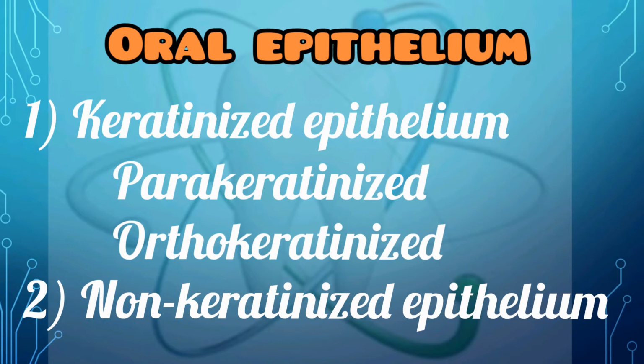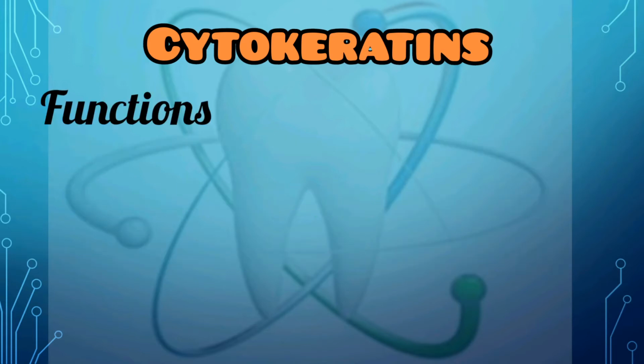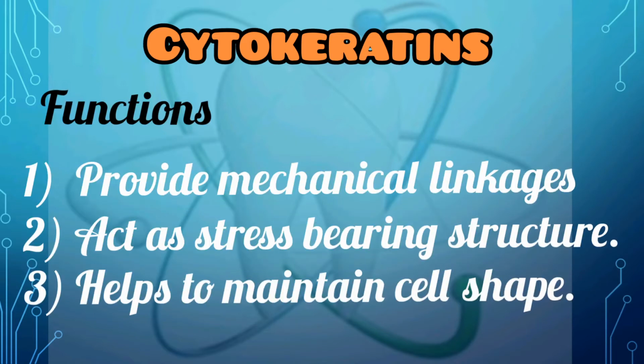Before going into the layers of epithelium, it is necessary to understand the term cytokeratin. Cytokeratins form the cytoskeleton of all the epithelial cells along with the microfilaments and microfibrils. The functions of cytokeratins include providing mechanical linkages, functioning as stress-bearing structures within the epithelial cells, and helping to maintain the cell shape.